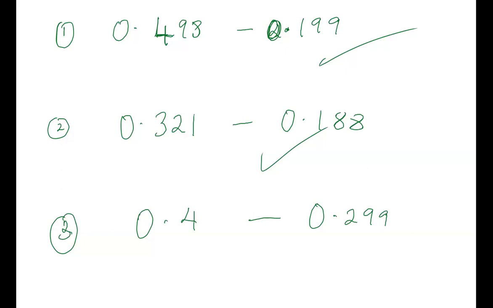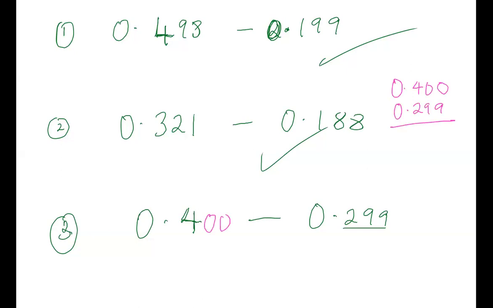When you see one decimal place here and three decimal places here, you have to try and match them up. You will add extra zeros there. So it's now 0.400 minus 0.299.